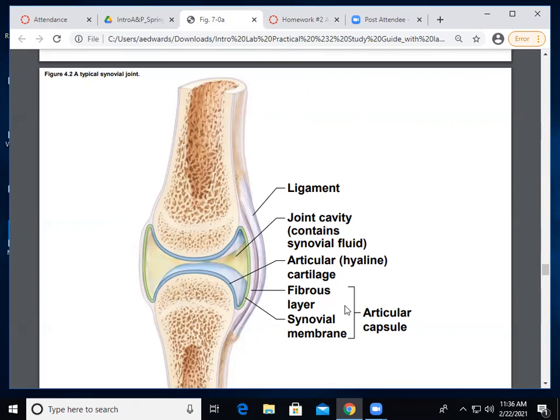Those 2 layers together form what we call the articular capsule. Okay, and this helps so that, particularly at your knees and your elbows, those bones aren't just hitting each other. And there's fluid that gives you some compression, right? It helps you to be able to withstand running and jumping and all that, walking.